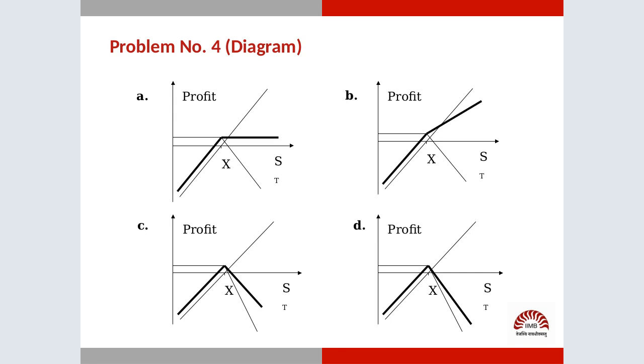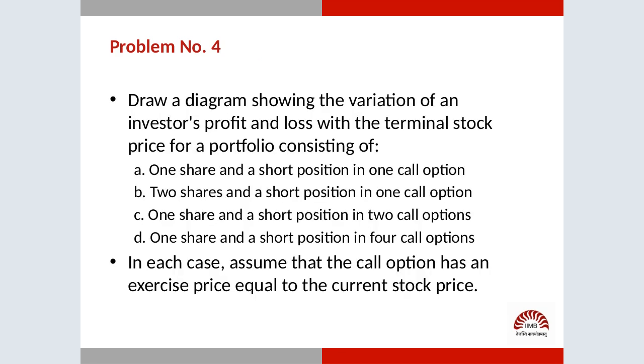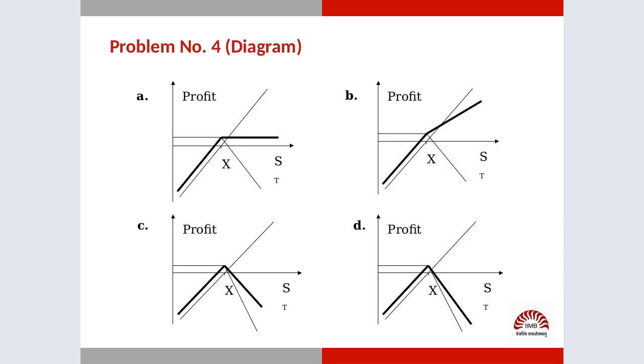As you can see, when you move from 1 to 2 to 4, the slope of the payoff structure changes. In case C and D, C is one share and one short position in two call options, and D is one share and short position in four call options.